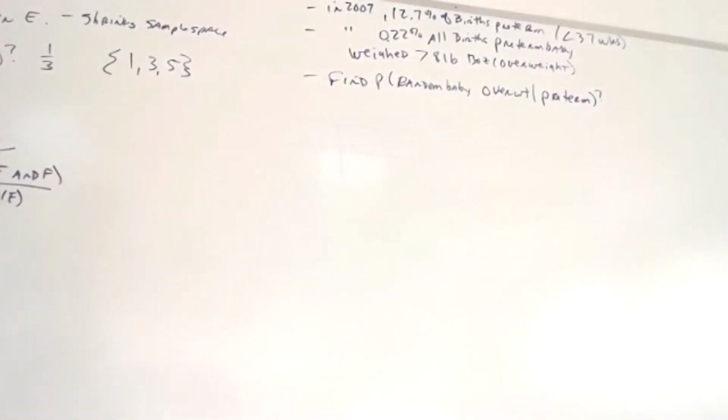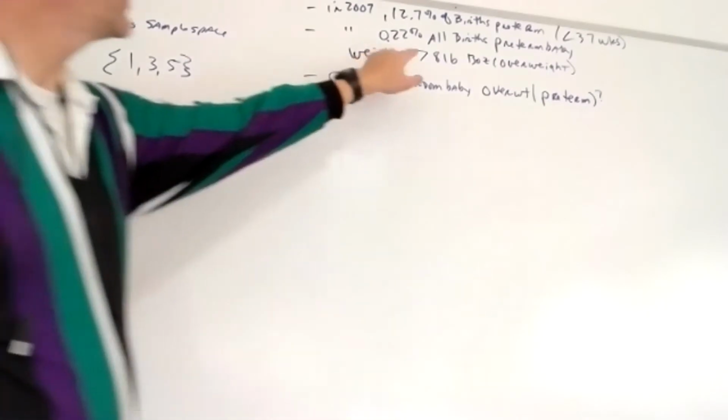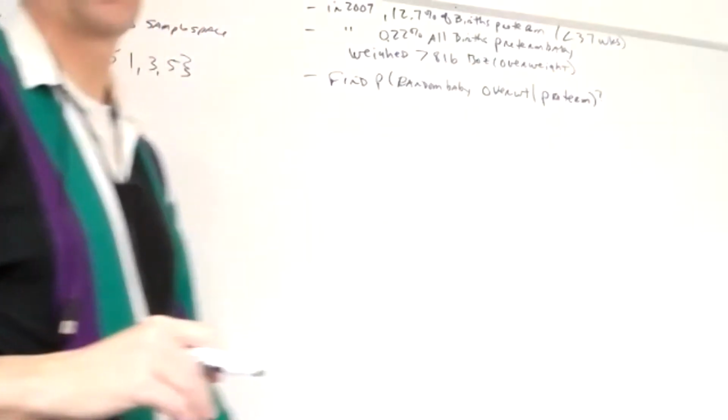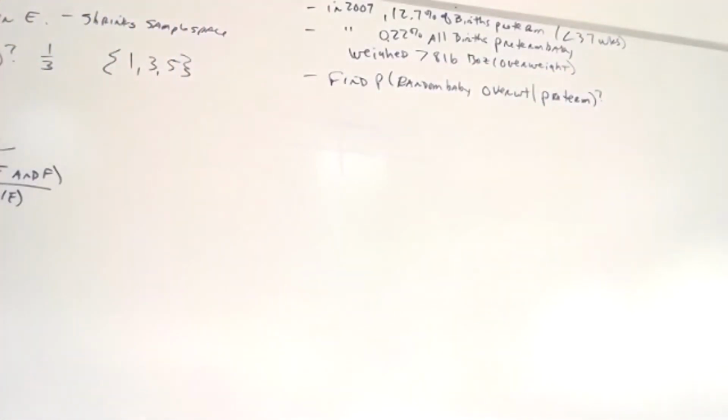Okay? What is the weight in pounds? 8 pounds, 13 ounces, we're calling that overweight. Oh no, it's greater than 8 pounds. 78 pounds would be a very large baby. That would be like an elephant baby or something, I don't know.